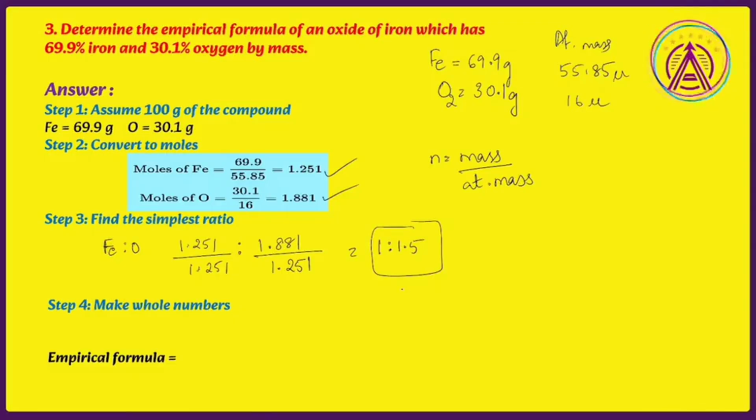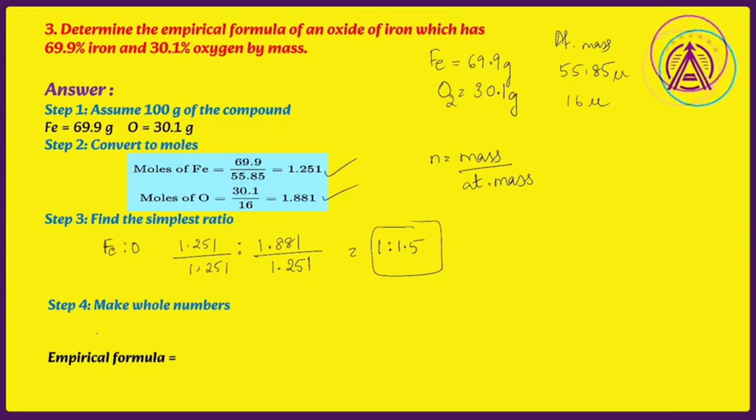Now remember, when we spoke about the second law, we said that when atoms combine to form a compound, they do so in simple whole number ratio. So this 1 is to 1.5 is a decimal ratio, which is not possible. Now how can I convert this to a whole number? I just multiply it with some other whole number. If I multiply by 1, I get the same ratio, so it's not a whole number ratio.